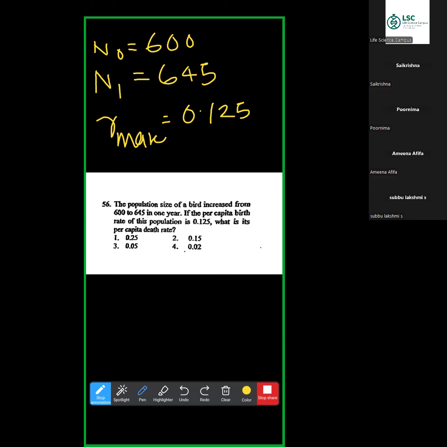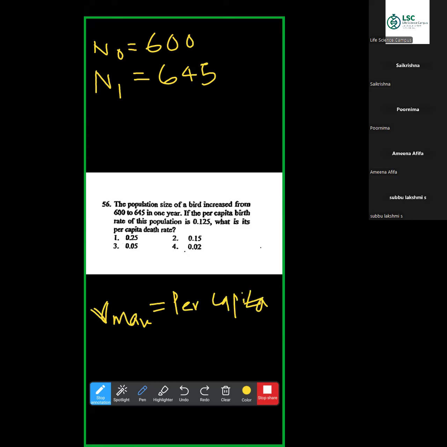So we have to find out the death rate. Sorry, in the question they have given the birth rate. R max is the per capita rate of increase or intrinsic rate of increase. Both are R max. Here they have given the per capita birth rate.